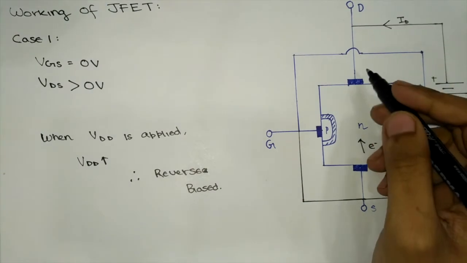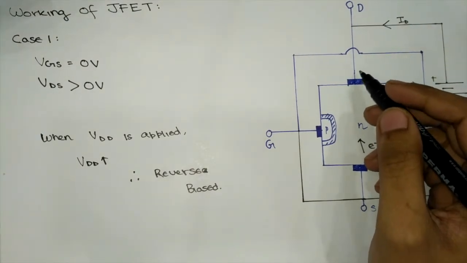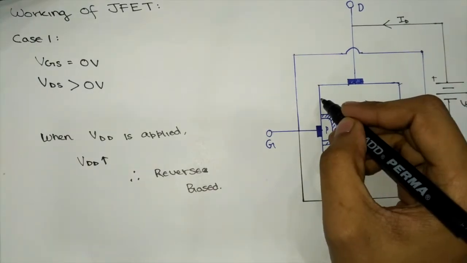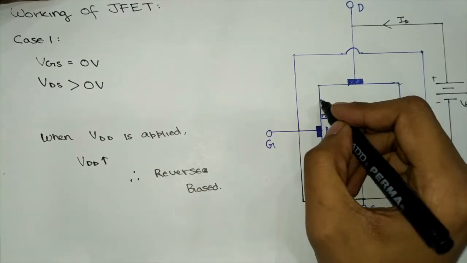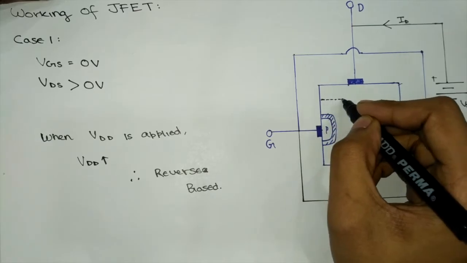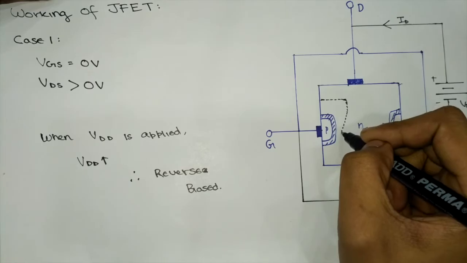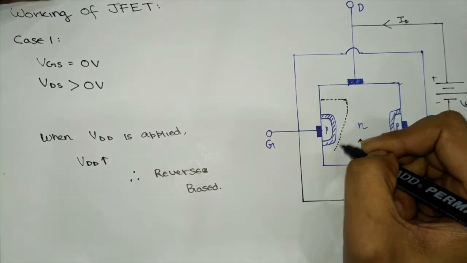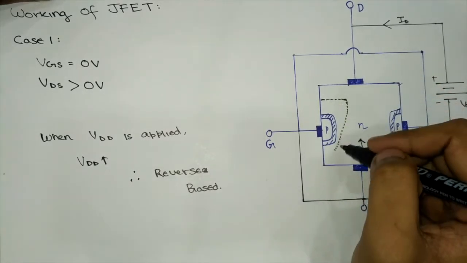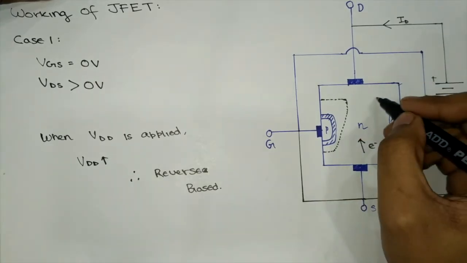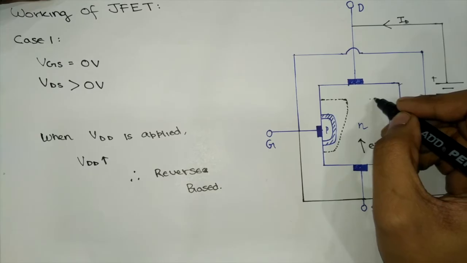But since the potential across the entire N channel is not equal, the depletion region would be formed in such a way that it is bigger towards the drain terminal, and as it goes towards the source its width is smaller.